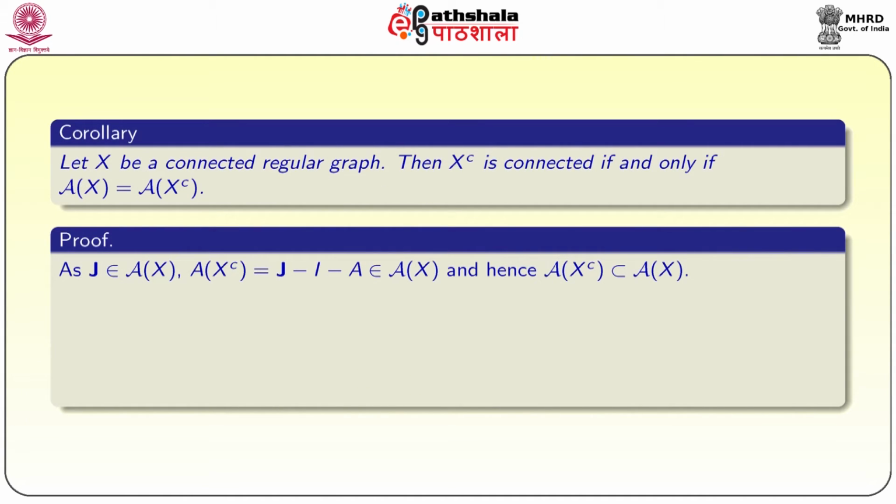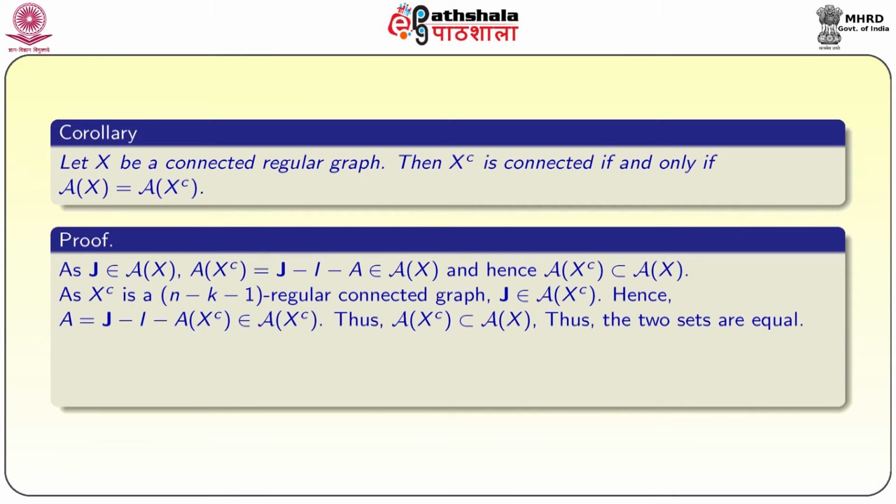Since X is connected and regular, we proved earlier that J is a polynomial in the matrix A, or J belongs to the adjacency algebra of X. So, the adjacency matrix of X complement is equal to J minus I minus A. So, that also belongs to the adjacency algebra of X. Hence, the adjacency algebra of X complement is contained in the adjacency algebra of X.